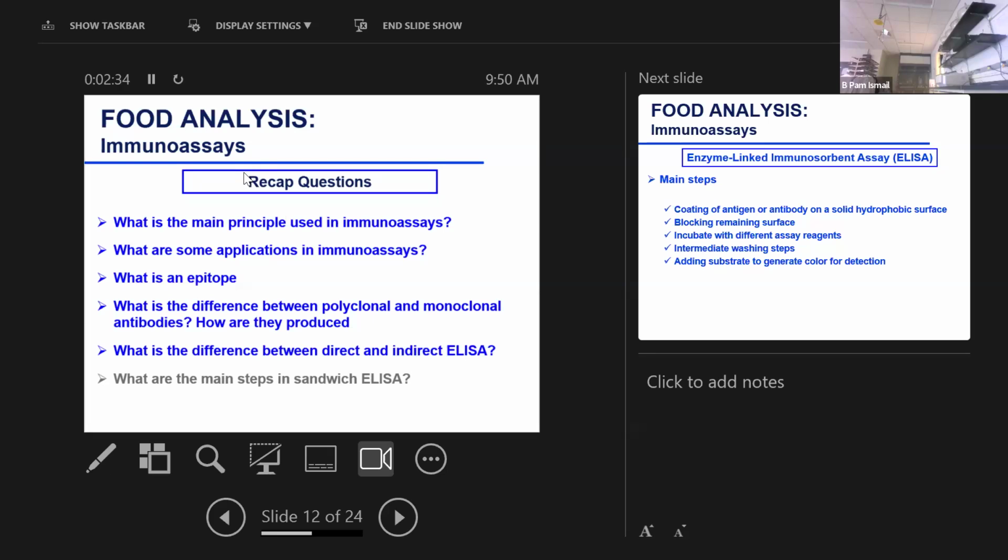When a foreign body comes into our body, the B cells, and we have so many different types of B cells, will produce a whole lot of antibodies that will recognize different epitopes. So they don't recognize the same epitope. They can be attracted to this antigen at multiple epitopes.